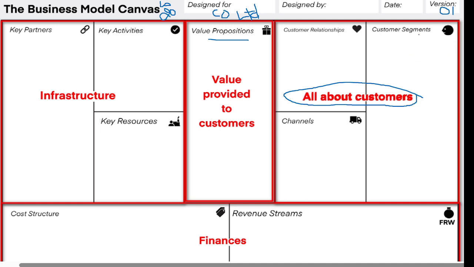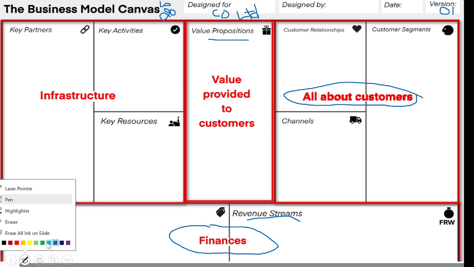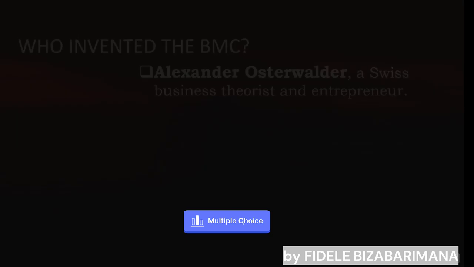The customer segment, if you have a given group of customers to serve, is put there. So it gives a picture on one page of how the business will look, its partners. Then you have the bottom part, which is reserved for finances, and it comprises cost structure and revenue streams.